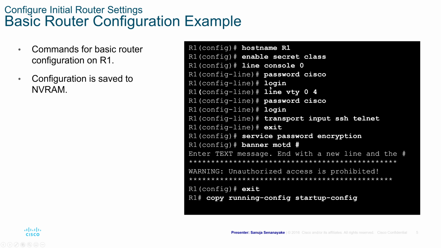By entering login, that password gets registered on the device. Then the line VTY 0 to 4, or 0 to 15, all the line VTY lines can be secured using the password command. Again, by entering login, it gets registered there.